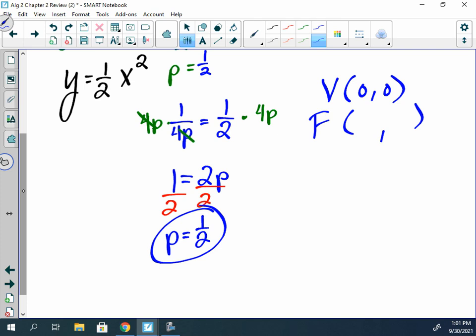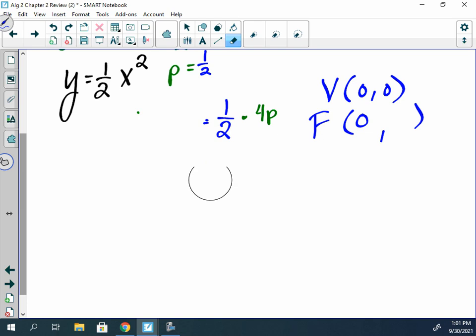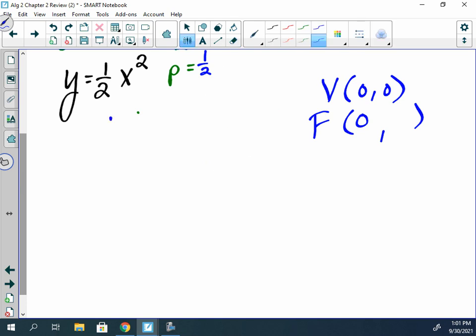Now, the vertex is 0, 0 because it's h comma k. Now, the focus for y equals is h comma k plus p. We already know the value of h. Now, k plus p is 0 plus 1/2, which is 1/2.